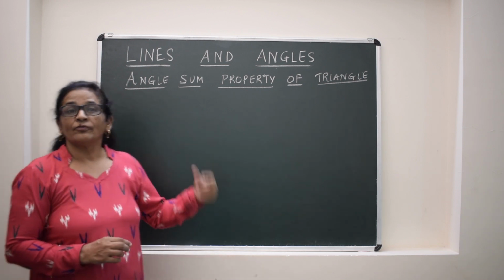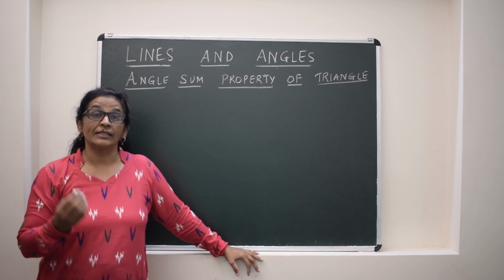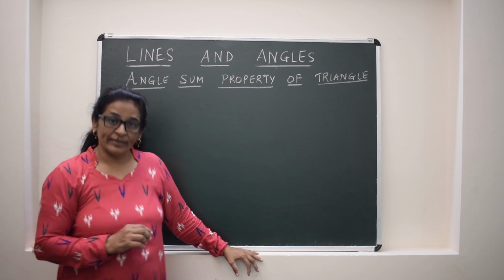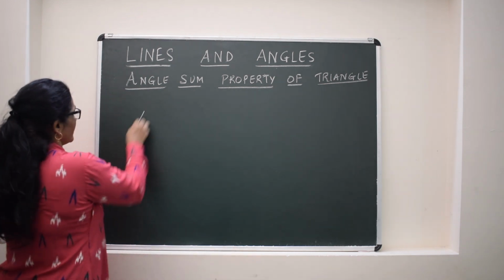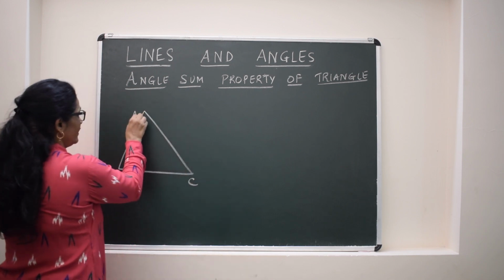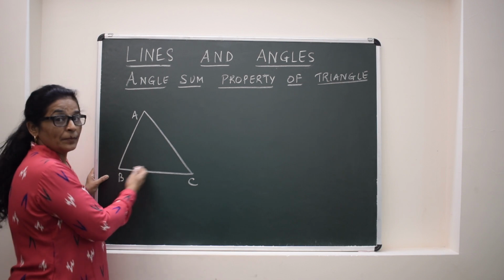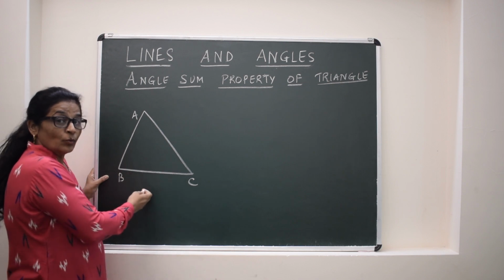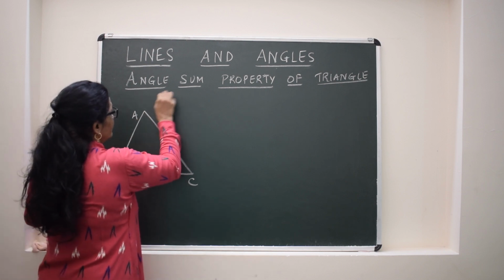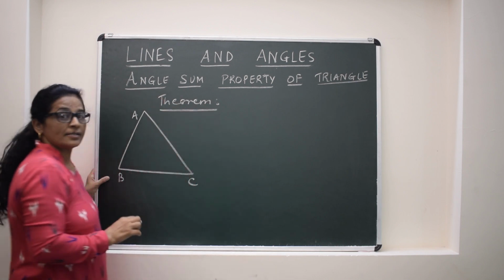Angle sum property of a triangle, it says that the sum of three angles, means interior angles of a triangle, is 180 degrees. So we will take one triangle and given is a triangle and we have to prove angle A plus angle B plus angle C is equal to 180 degrees. First is the theorem, and in the theorem, the very first thing is the statement of the theorem.